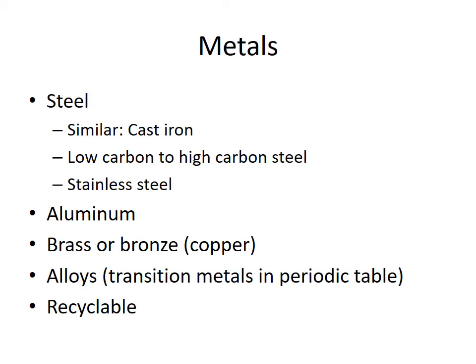Low carbon has about 0.25% carbon by weight in it. High carbon steel has about 0.85% carbon in the mixture, and high carbon steel is much harder than low carbon steel.